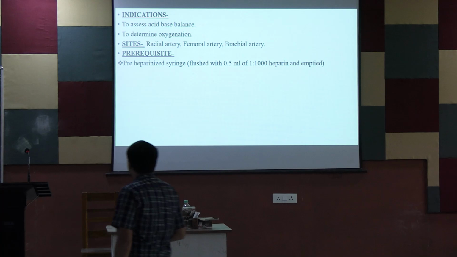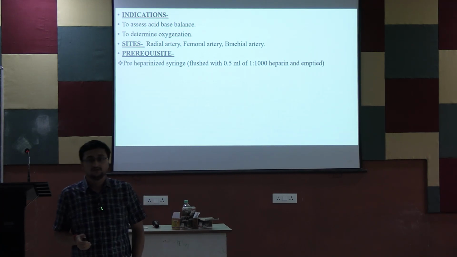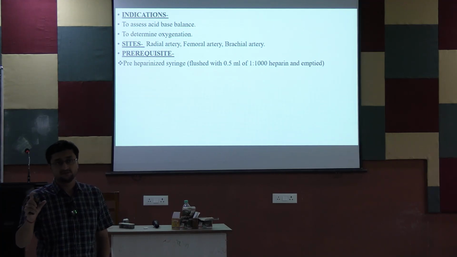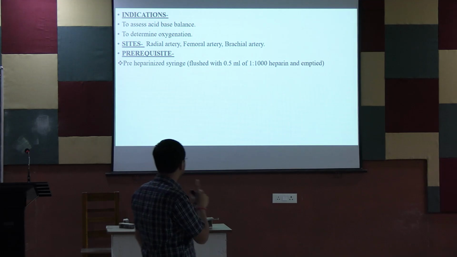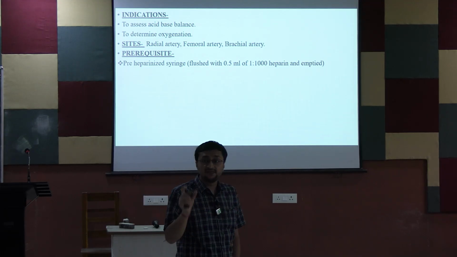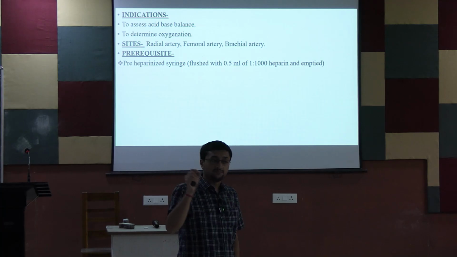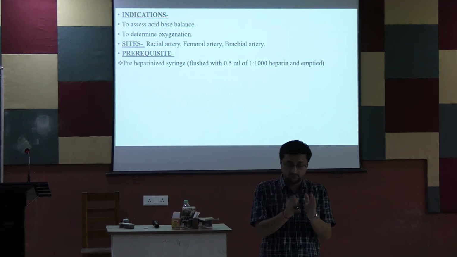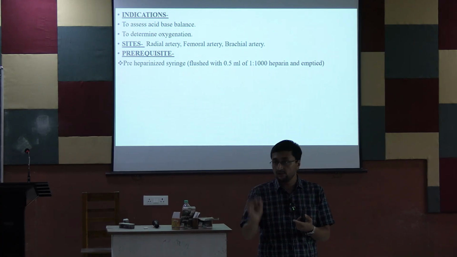So what are the prerequisites of doing an ABG? Before doing an ABG, first, pre-heparinize the syringe. Look at the term pre-heparinized. I am not saying to fill the syringe with heparin, but the correct way is to draw 1 ml of heparin and flush it out.